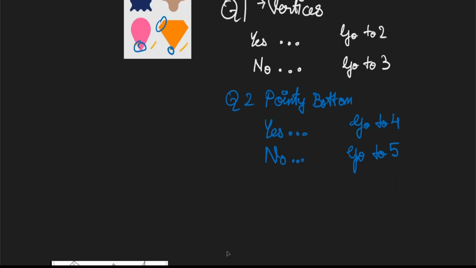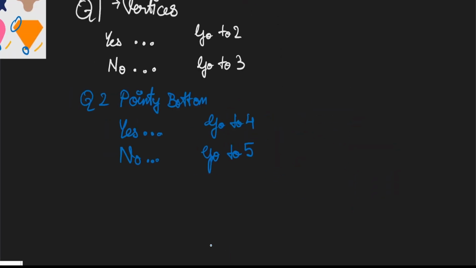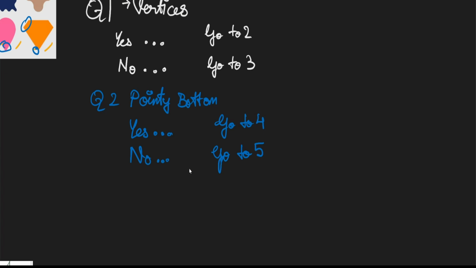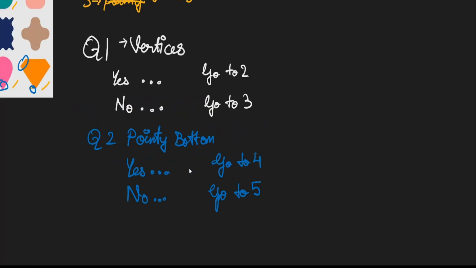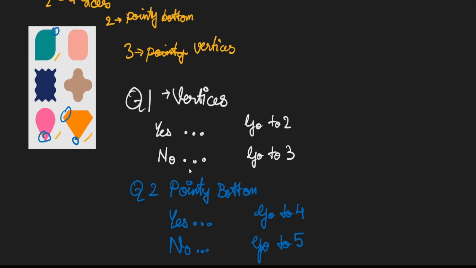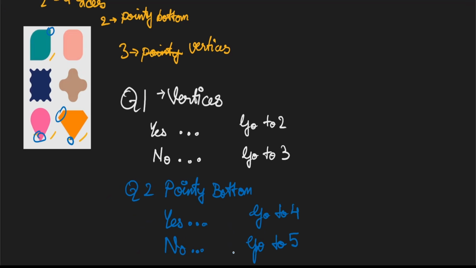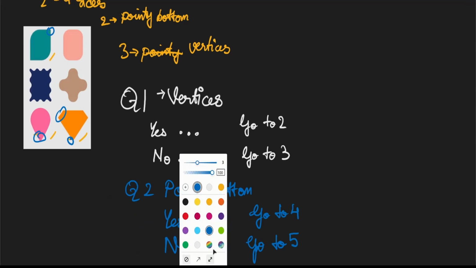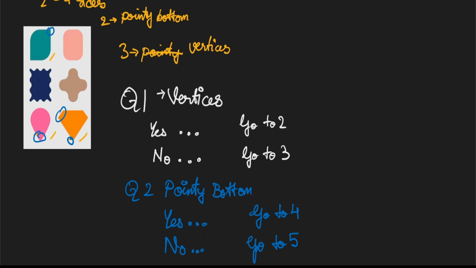Okay, now our third question. I'm going to do it here, to the right, but you should put it one below the other. Our third question is to classify the ones that don't have any vertex.